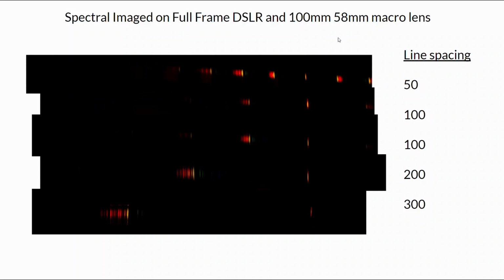I have a 50 lines per millimeter transmission grating in front of the objective lens, and this is the actual neon lamp.